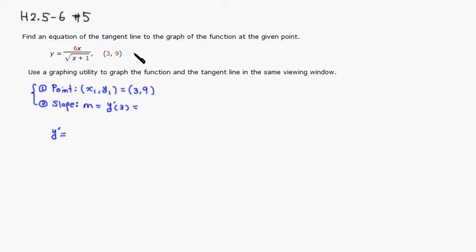I'm going to rewrite this as 6x on top, and the denominator as quantity x plus 1 to the 1/2 power. So let's use the quotient rule.